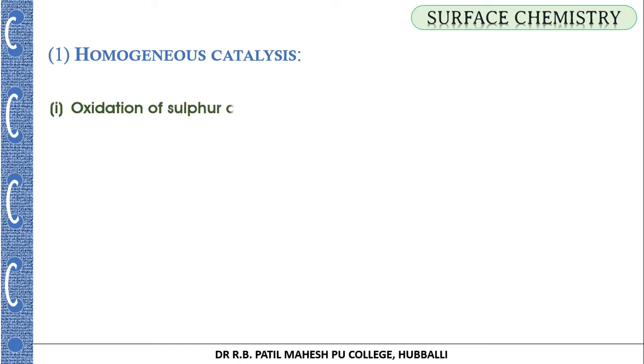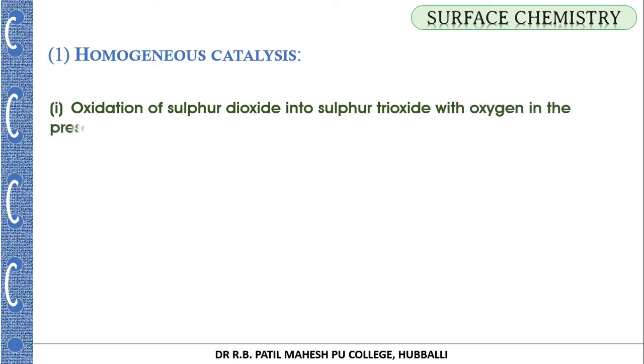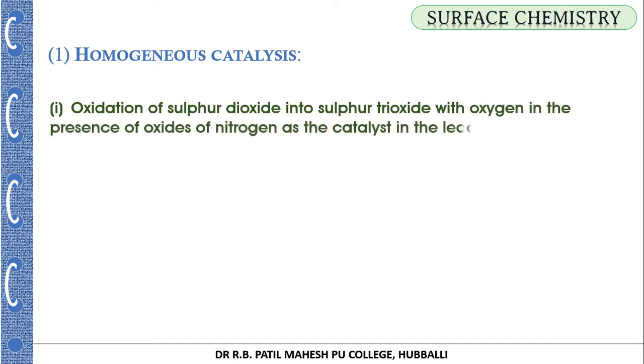The oxidation of sulfur dioxide to form sulfur trioxide with oxygen is carried out in the presence of oxides of nitrogen, that is nitrogen monoxide, as the catalyst, in the lead chamber method. Okay, so in this reaction, sulfur dioxide is a gas, students, oxygen is a gas, and nitrogen monoxide is also a gas. So all three are present in the same phase.